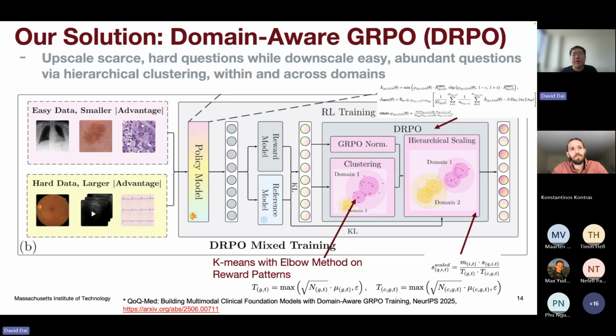And we use the patterns, not the mean reward of each sample, so that, for example, the samples that have both high and low rewards will fall into one single cluster, which will be optimized collectively together. And samples where the model has a consistent mean reward of, for example, 0.5 throughout all times will fall into another cluster.